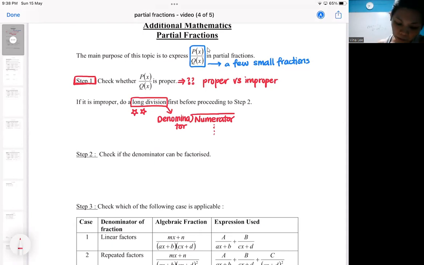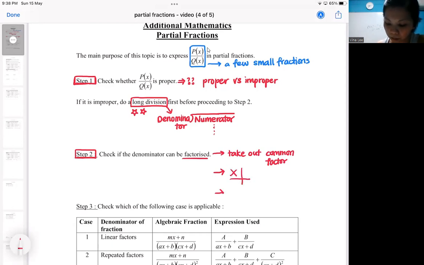Second step, you will need to check whether the denominator can be factorized or not. Factorize: back to the basic methods, take out common factor, cross factorization, and a squared minus b squared.